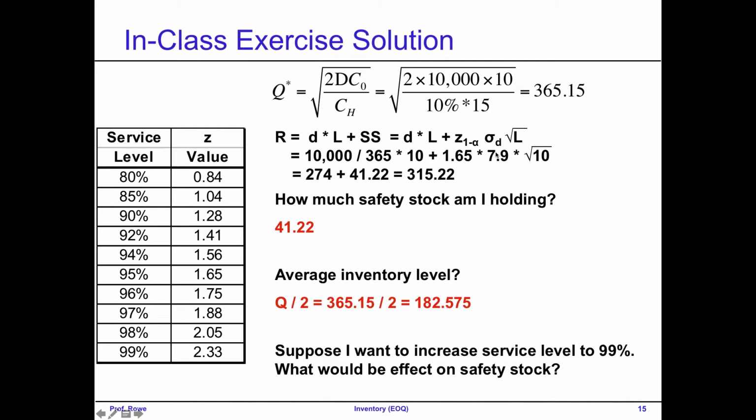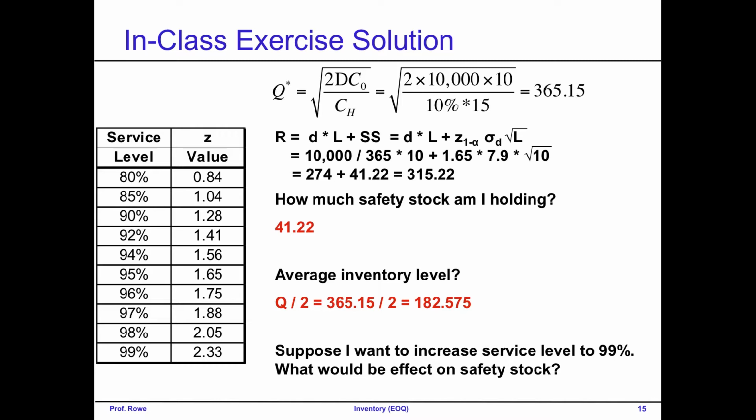Well, again, using our intuition, we know that our standard deviation of demand hasn't changed, our lead time hasn't changed, so those aren't going to be impacting our safety stock value. Only the service level is changing. So we go from 1.65 to now 2.33. So again, without even putting in the numbers, and we certainly can, we can see that we would have to carry more safety stock.